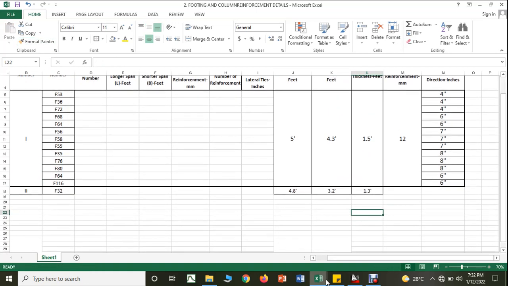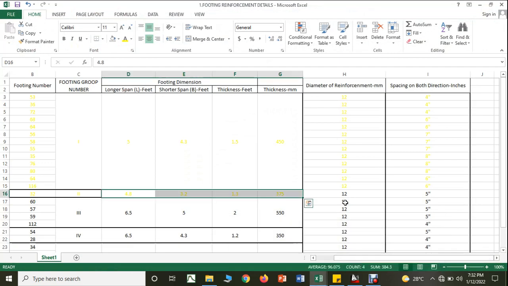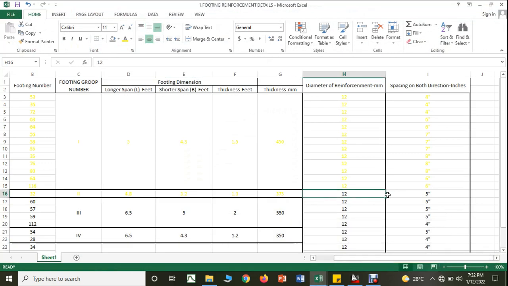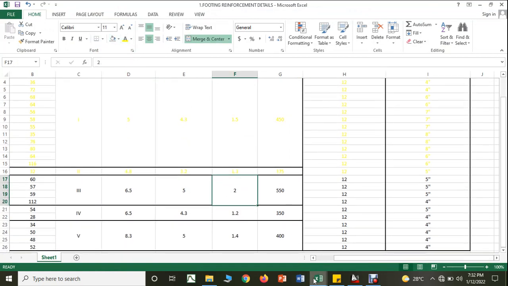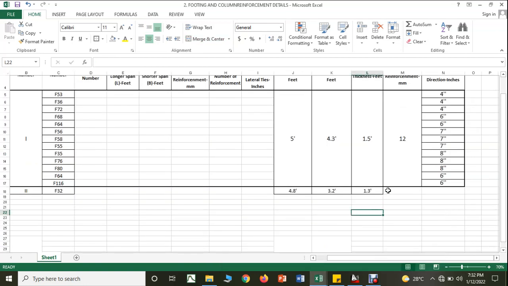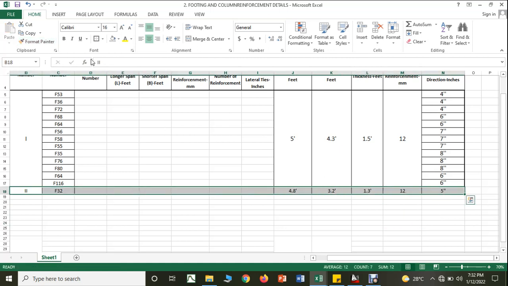Then what about reinforcement? 12 at 5 inch, correct? 12 at 5 inches. Okay, so this is the second set.